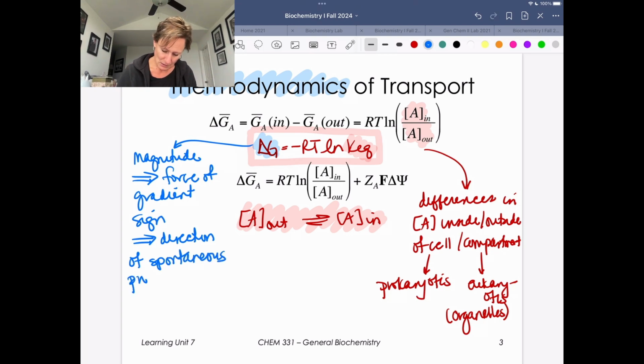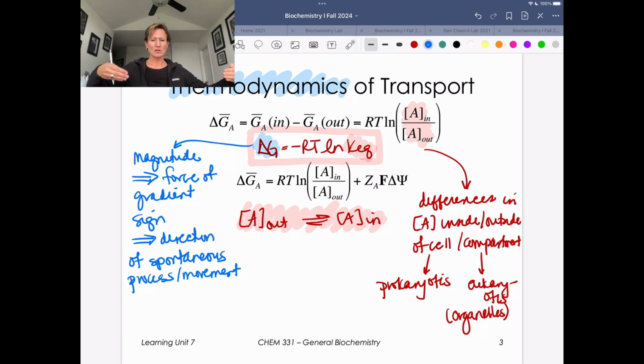Spontaneous process. Remembering always, or I should say movement, because we're talking about moving things, transporting things. We always want to be thinking about the sign being negative for a spontaneous process. So back to my slingshot analogy, let's imagine that this is reactants going over to products.